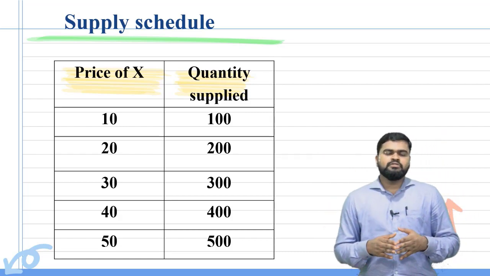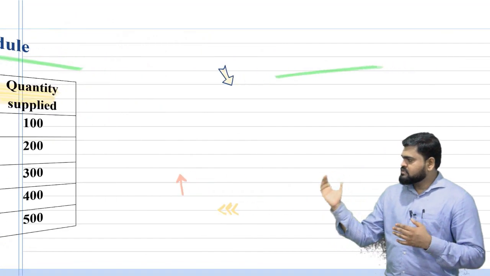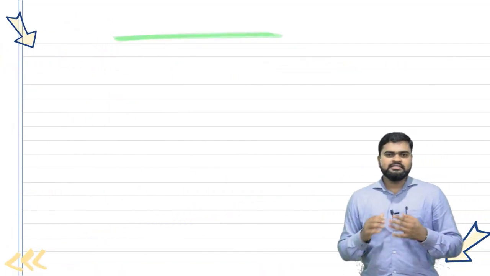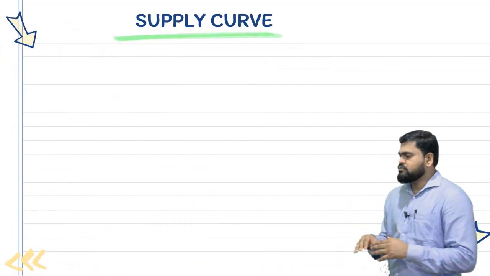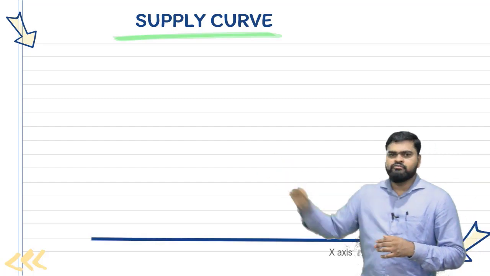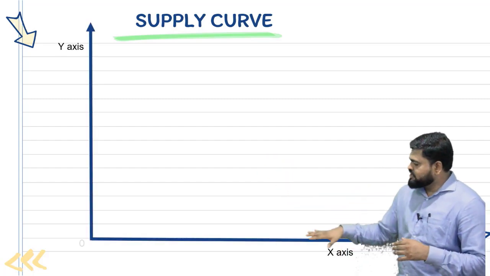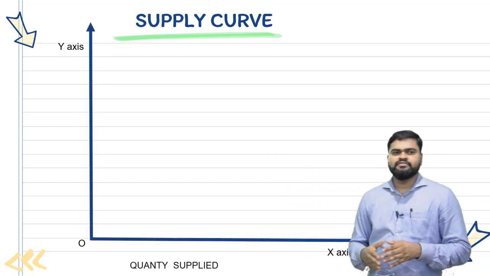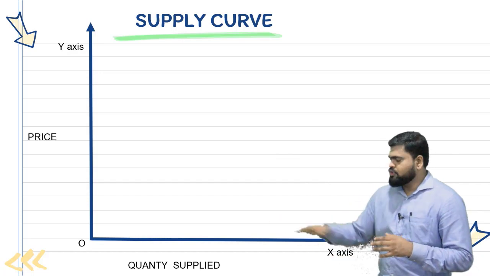So next we will move on to the supply curve. Now in this supply curve, let us understand the curve. We have x-axis, we have y-axis. On x-axis we denote quantity supply, on y-axis we denote price. We have 0.